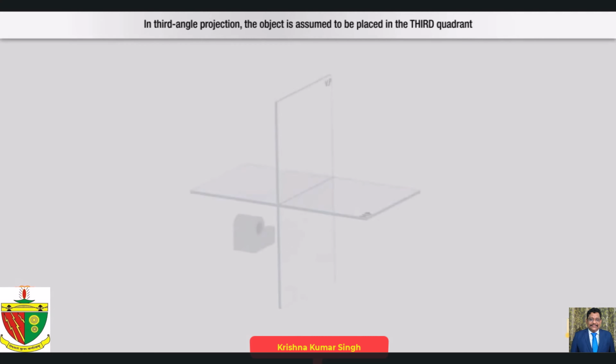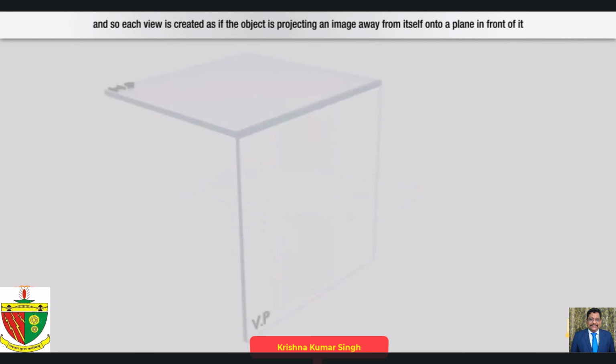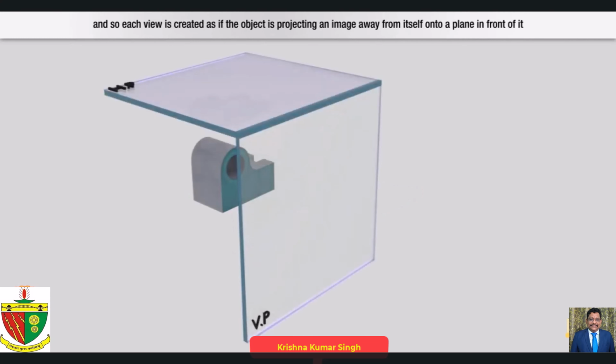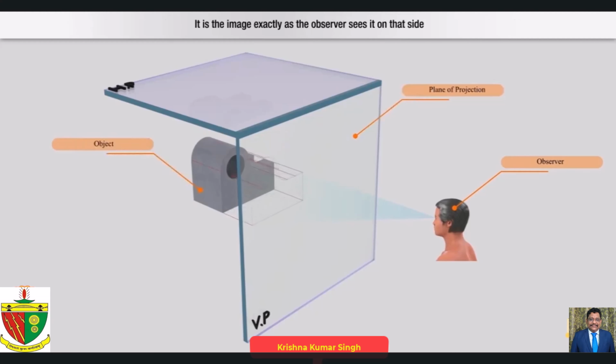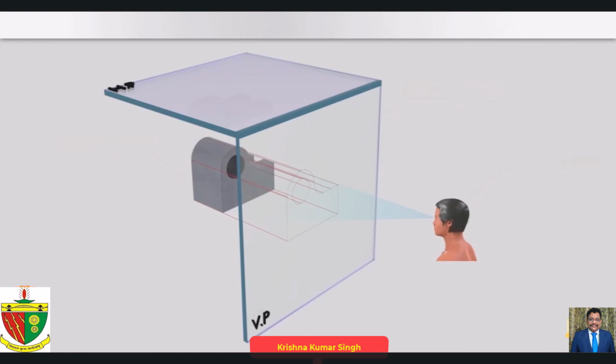In third angle projection, the object is assumed to be placed in the third quadrant, and so each view is created as if the object is projecting an image away from itself onto a plane in front of it. It is the image exactly as the observer sees it on that side. The observer views the object from the front and the rays of projection intersect the vertical plane.